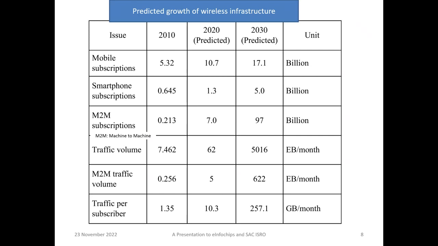The projection is really exponentially growing in nature, right? From maybe a fraction of a billion to 7 billion to close to 100 billion devices will be IoT type of devices.